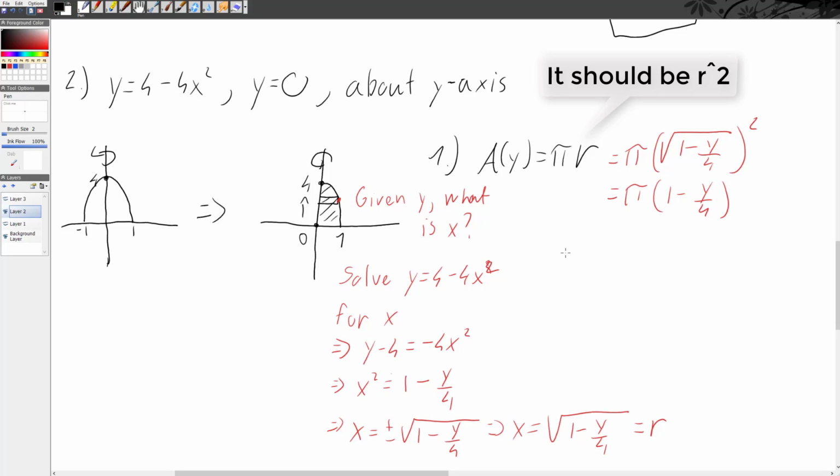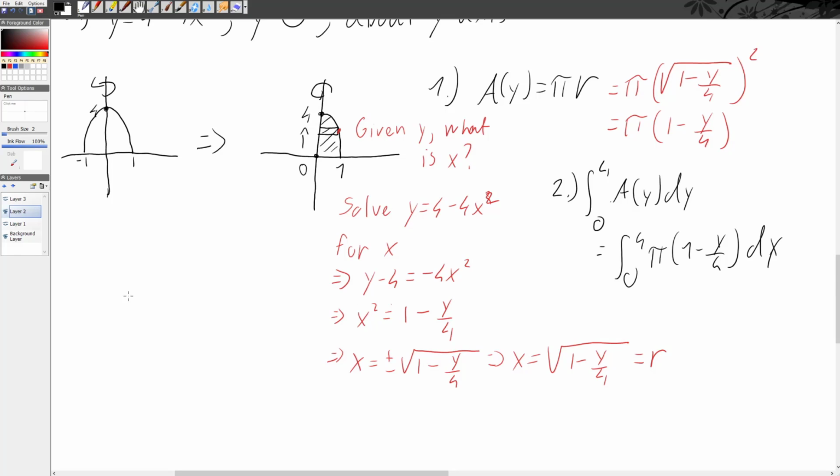And now we just set up the integral and integrate, which is a lot easier than the other one because we only have one term with a variable. We are integrating with respect to y, so from 0 to 4, the area with respect to y, which is the integral from 0 to 4 of pi times 1 minus y over 4 dy.